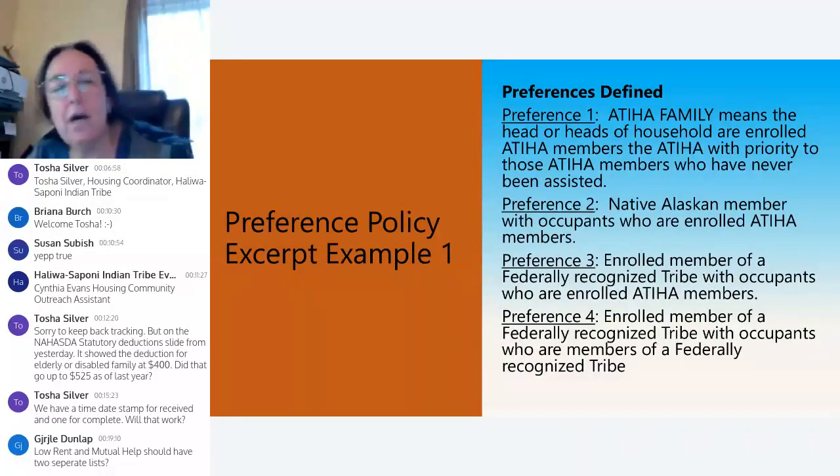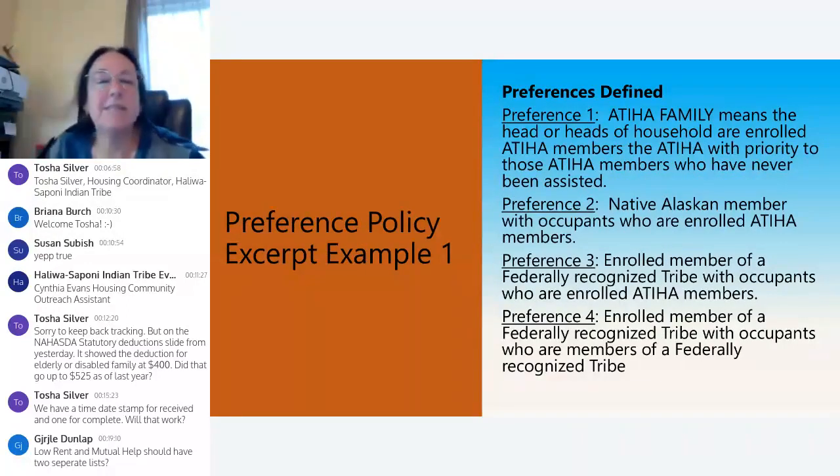So a preference policy, this is an example. Preference 1, ATIHA family means the head or heads of household that are enrolled ATIHA members, with priority to those ATIHA members who have never been assisted. Okay, so first preference is going to go to somebody that's never received help from the housing entity. Preference 2, maybe a Native Alaska member with occupants who are enrolled members.